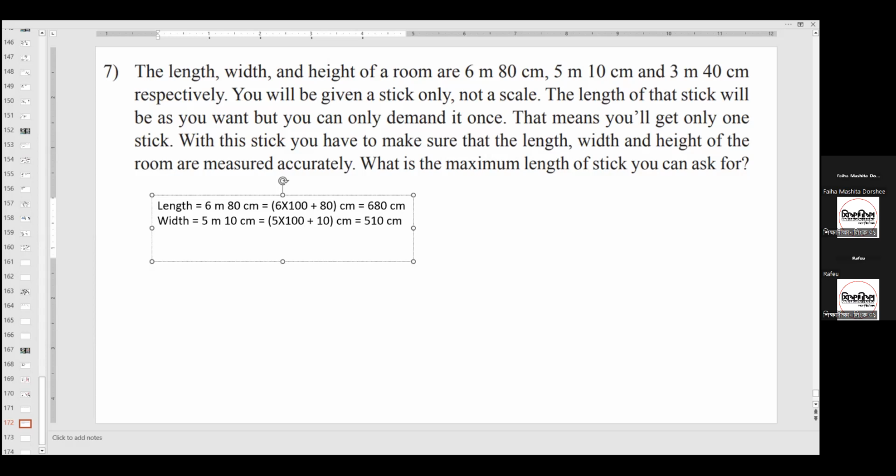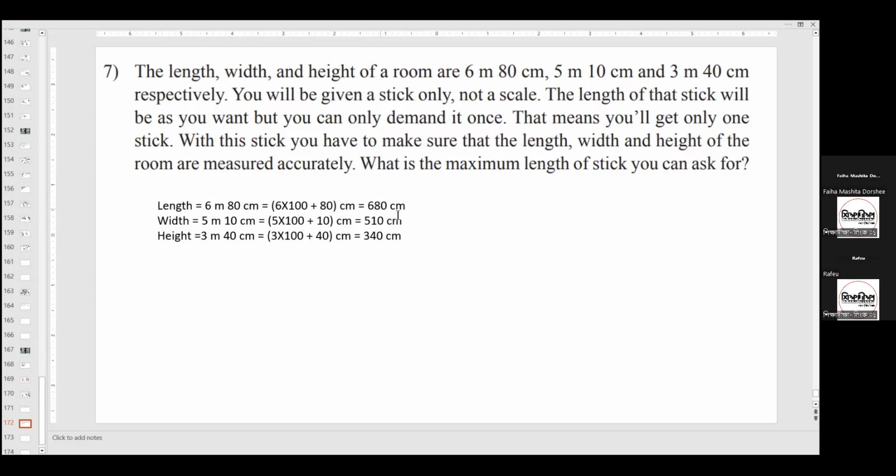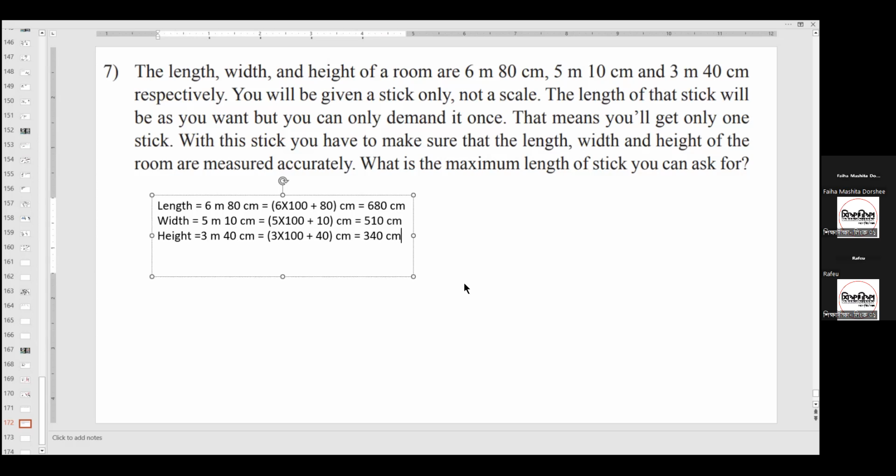And finally, the height is equal to 3 meter 40 centimeter, which is 340. Are you guys writing or just watching? So this is actually in centimeter, right?